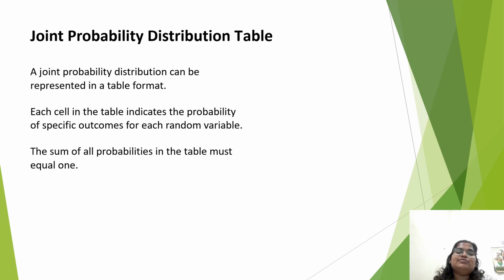Joint probability distribution table. A joint probability distribution can be represented in a table format. Here each cell in the table indicates the probability of a specific outcome for each random variable. The sum of all the probabilities in the table must be equal to 1.